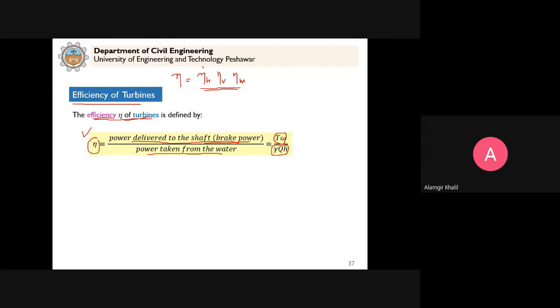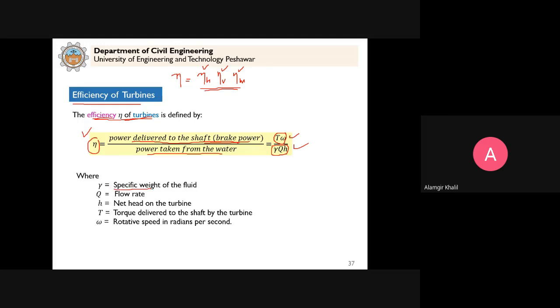That's why we have hydraulic efficiency, then mechanical losses, mechanical efficiency, and if there are leakages, the whole water is not utilized, so we define the volumetric efficiency and so on. So this is the overall efficiency, the final output divided by the initial input. Clear? What is available and what is the final output, that defines the overall efficiency of the turbines.